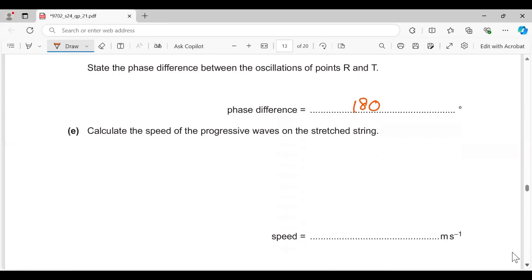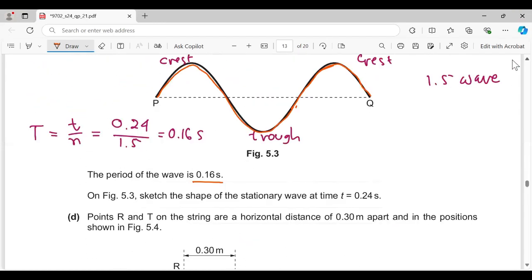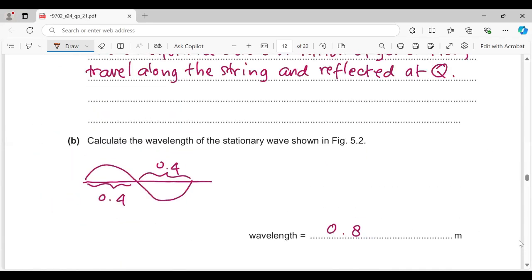Calculate the speed of the progressive waves on the string. Speed or velocity equals lambda over the period. Lambda, if I'm not mistaken, we already have 0.8, the wavelength.